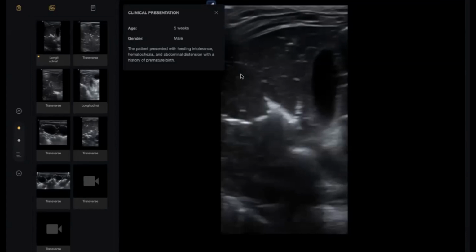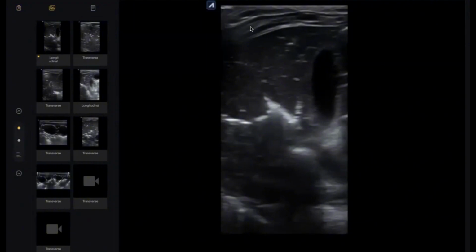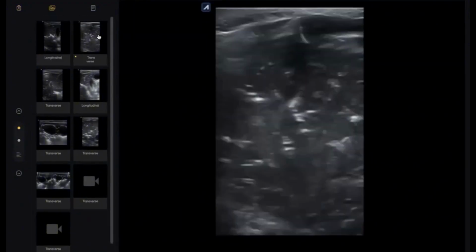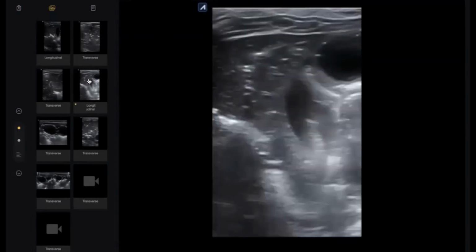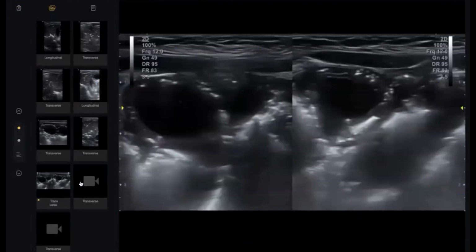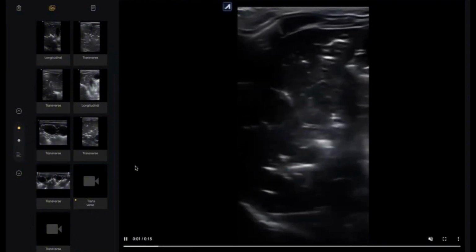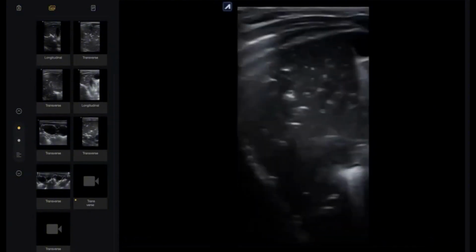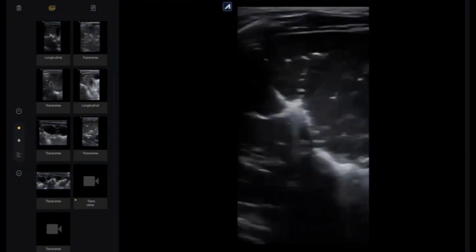Yes. Hello. 5-week male patient presented with hematochezia and abdominal distension. Okay, so I've been provided with ultrasound abdomen of a child. I can see that multiple hyperechoic foci are seen in the liver, which are extending up to the periphery of the liver.